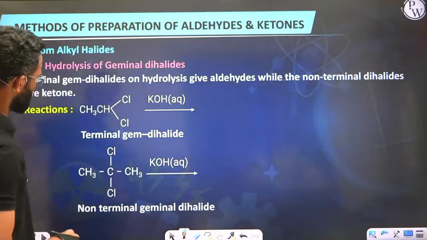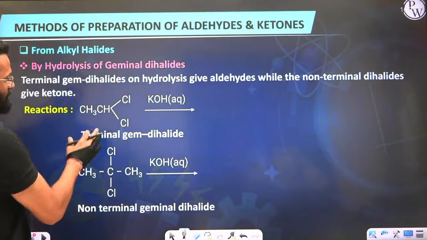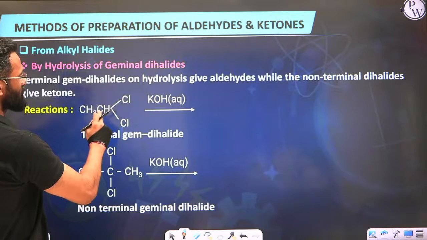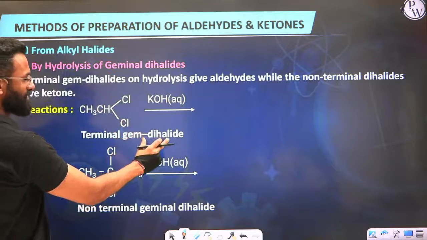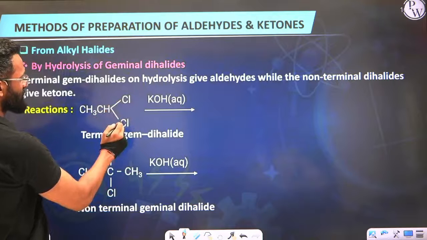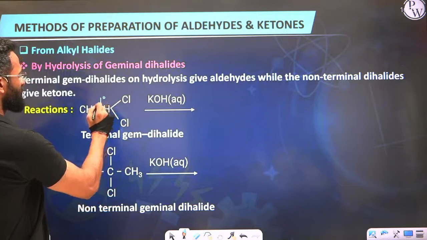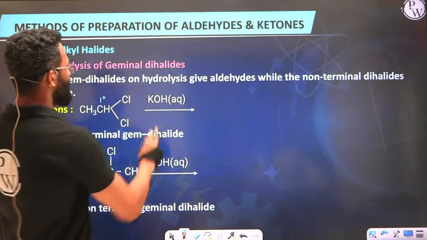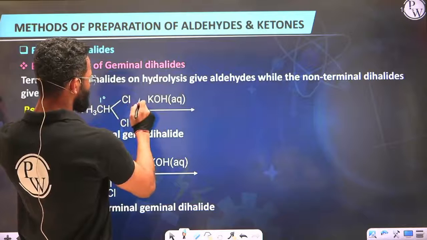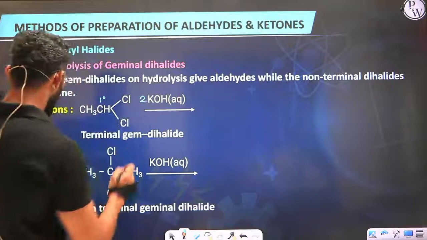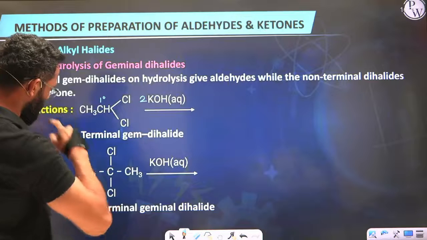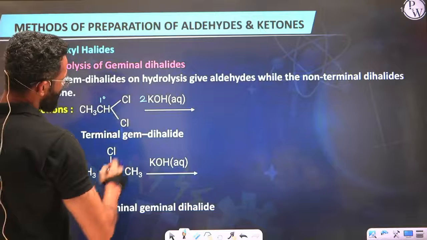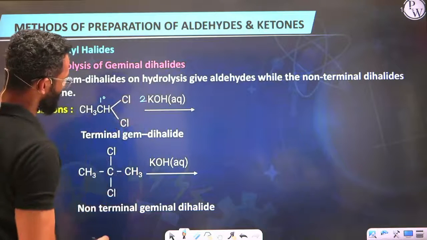So like here, let's say we have a terminal geminal dihalide. You can see here both halogens are present on the same carbon, so it is definitely a geminal dihalide. But the carbon to which two chlorines are attached is primary, meaning it is a terminal carbon, so you call it a terminal geminal dihalide. Now let's say we took excess KOH and hydrolyzed it. So let's say two equivalents of KOH are reacting with this geminal dihalide.